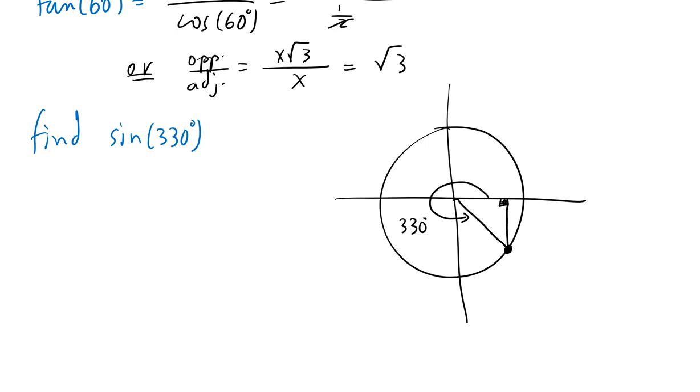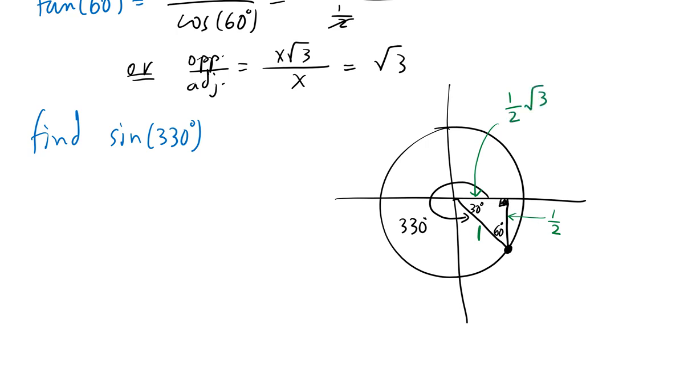Because the whole thing is 360, this is 30 degrees, this is 60. Because it's a unit circle, the radius is 1. So the side facing 90 is 1, the one facing 30 is half of it, and the one facing 60 is the one facing 30 times root 3.